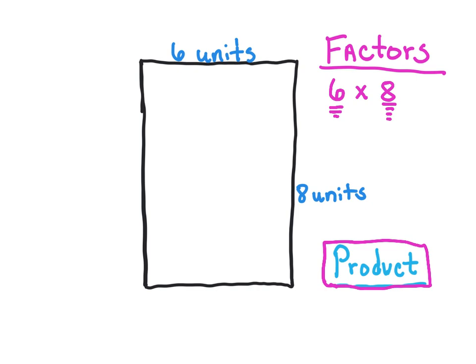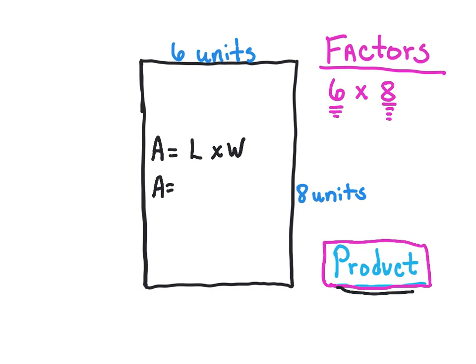Well, let's figure out the area for this rectangle. So A is equal to length times width. Okay? And now we need to plug in the factors. The A is going to be our product. So let's plug it in.